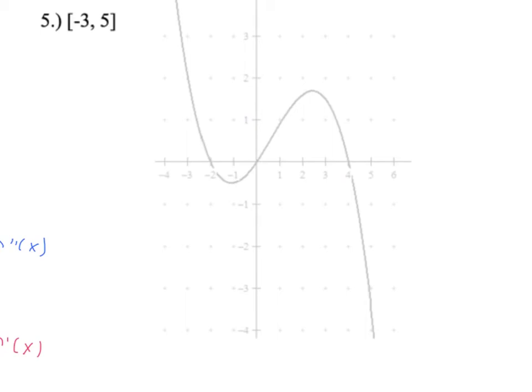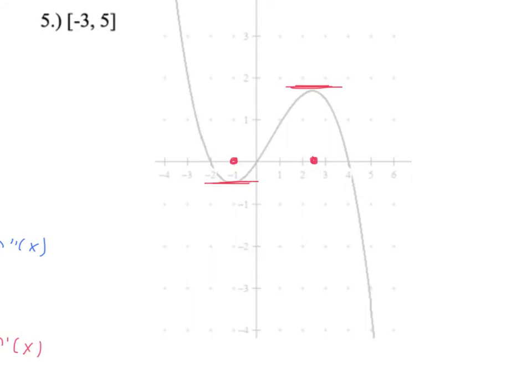All right, the first derivative. When are the horizontal tangents going to be 0, or when is the graph going to have horizontal tangents? So we'll say 1 and then somewhere between 2 and 3. Now looking at these slopes, slopes are negative up until this point, then 0, positive, 0, negative.